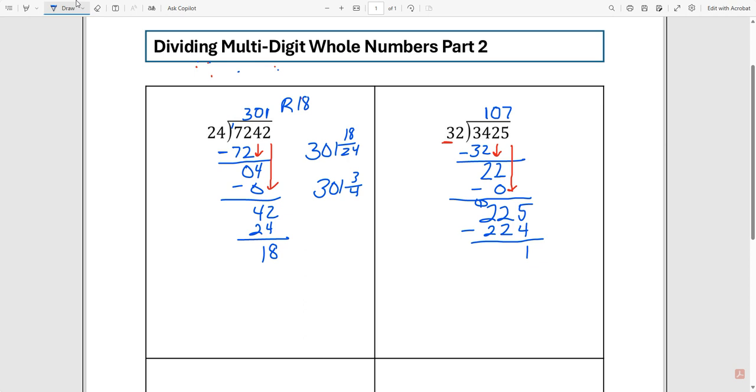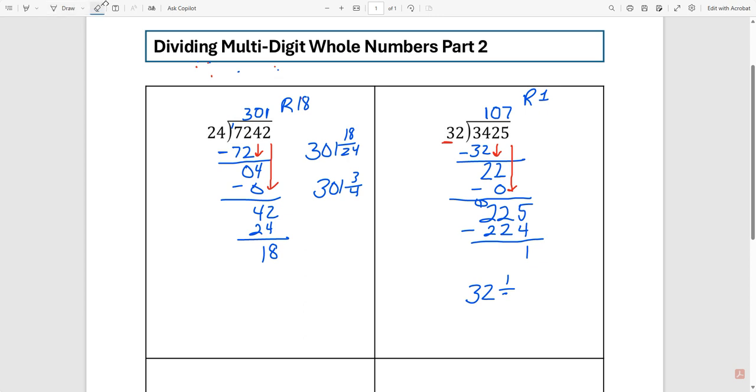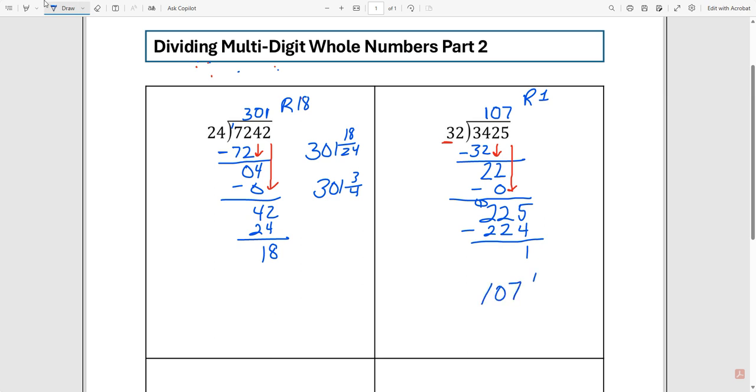So 225 minus 224 is 1. That's what we have left over, so our remainder is 1. Our answer is 107 with a remainder of 1. And if your teacher wants you to write this in mixed number form, that would be 107 and 1 over 32.